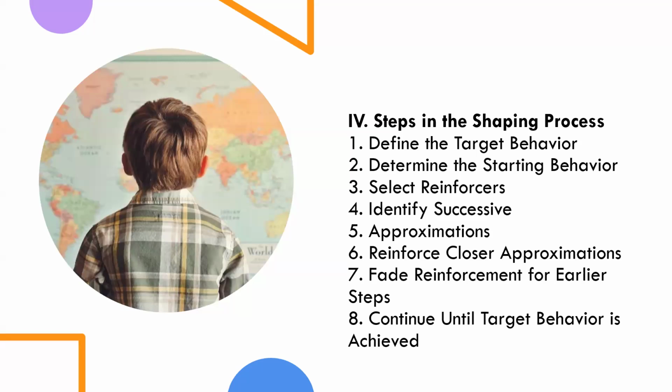If you want them to ask for apple by saying apple, and they can only say "a," the target behavior will be apple, but "a" is going to be the starting behavior, and there'll be several approximations along the way. Then you want to select powerful reinforcers, reinforcers that you know are high preference to the client and that will help increase that behavior in the future.